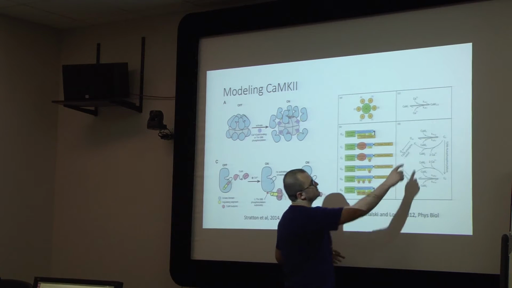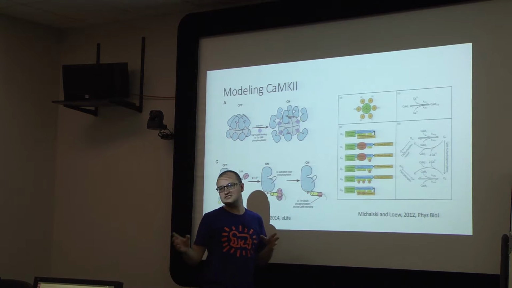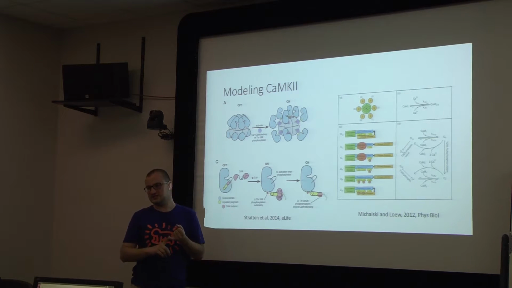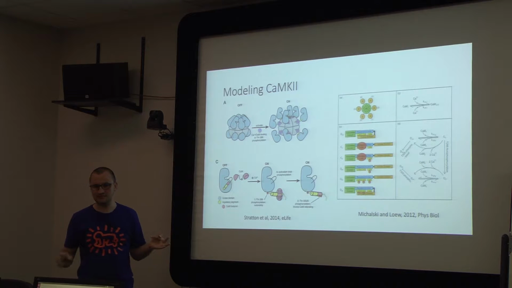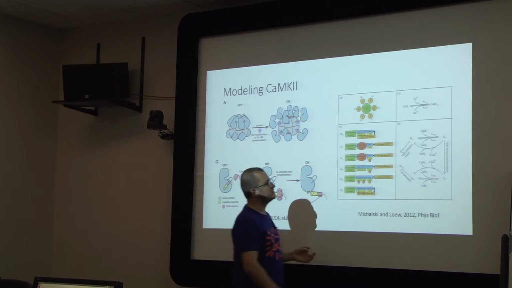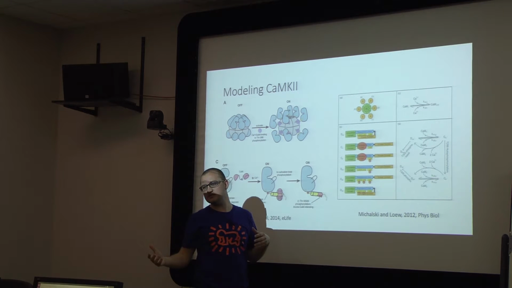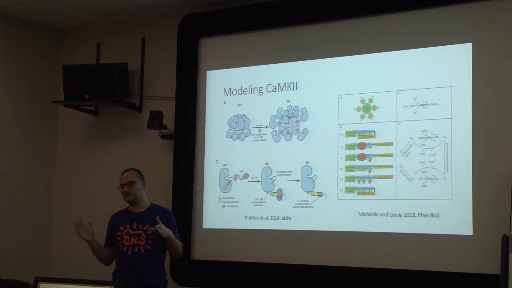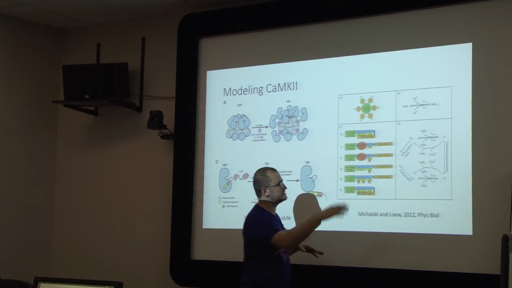In the beginning, you're starting from this state, which is called DUU, where T286 is unphosphorylated, 305 is unphosphorylated, and calmodulin is unbound to the system. It could go to a basal phosphorylation, and then the 305 could be phosphorylated, which is very slow. We are not considering this one as an important part of this system.